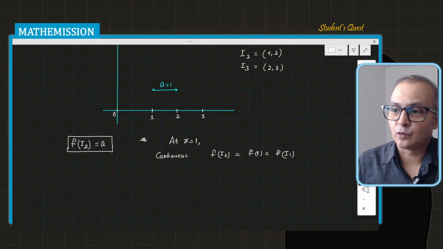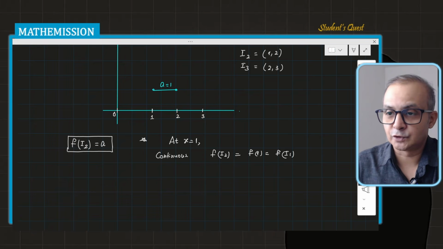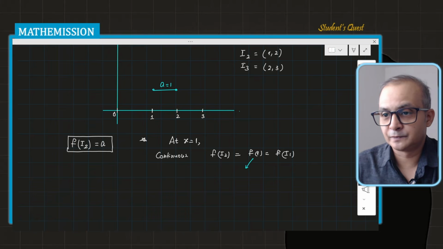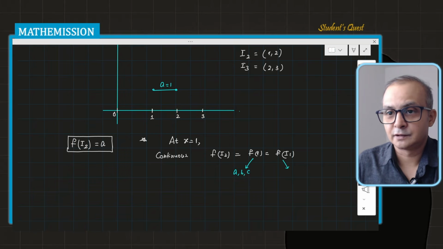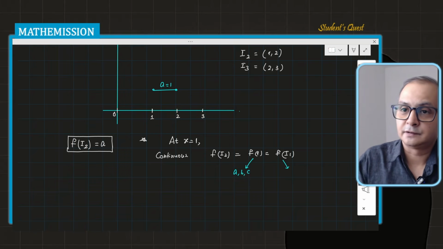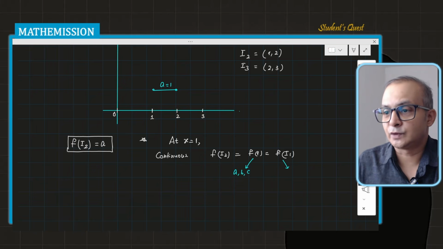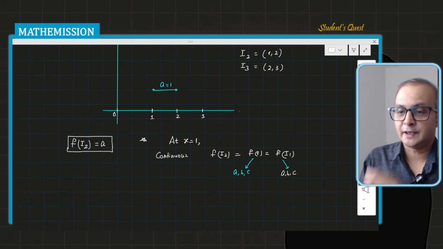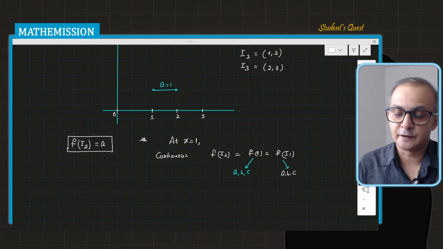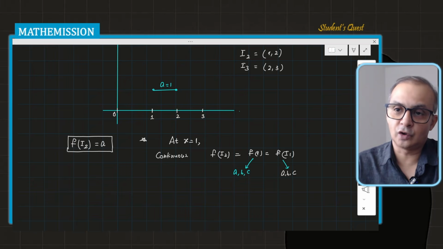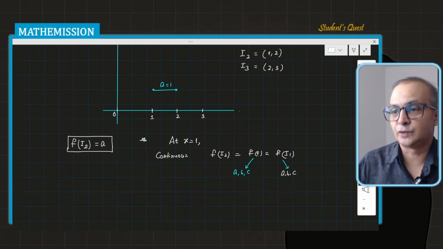Let's first decide the number of choices for f(1). For f(1) I have how many choices? It can be A, B, or C. Similarly, f of I1, this particular interval I'm talking about, also has 3 choices. What are the choices? Again A, B, C. It means in total, whether the function is continuous or not continuous at 1, I have 9 different choices.